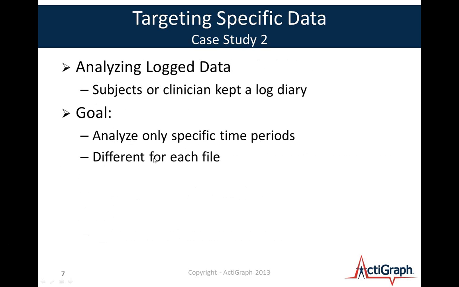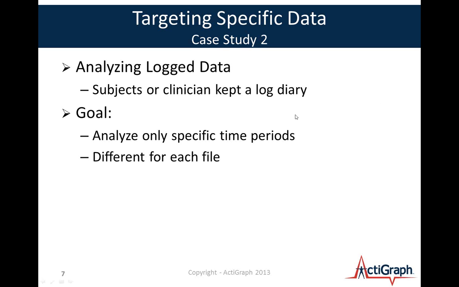Thank you. Let's jump into case study 2 briefly. Maybe you've got a particular data set that you've been keeping a log diary for as far as wear time goes. So in this example, we'll deal with a subject or clinician who has kept a log diary of on and off times for a file, and they're not necessarily relying on the wear time validation algorithm to flag the non-wear times because the subject or the clinical person has done that.